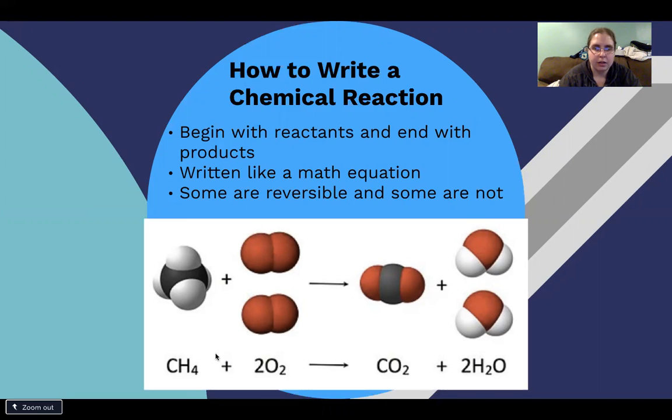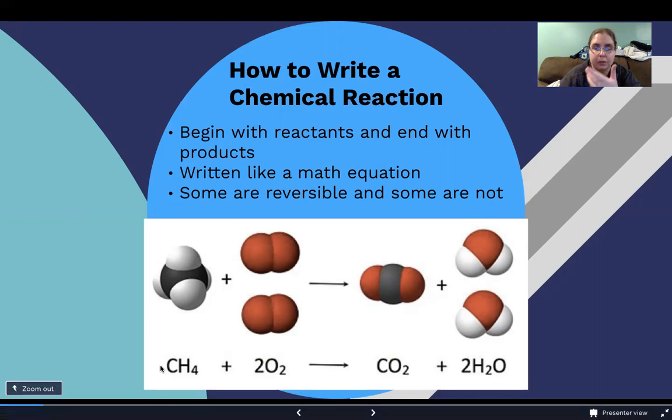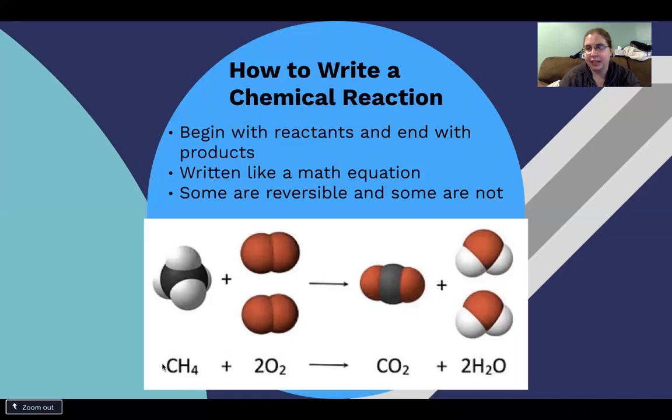So what we're saying is our reactants are 1 CH4 plus 2 O2 molecules. You don't have to put a 1 in front of the CH4 because it's implied, just like in math with variables like x. You don't have to put a 1 if you only have one x, because the fact that you wrote x means that there's at least one.